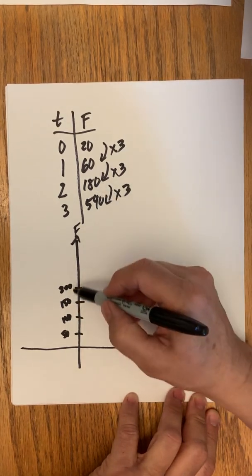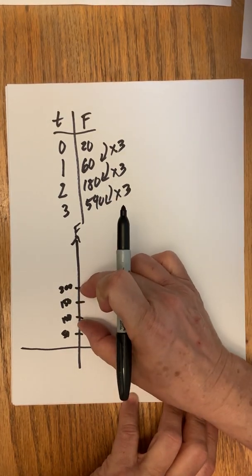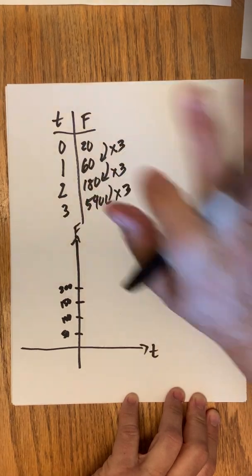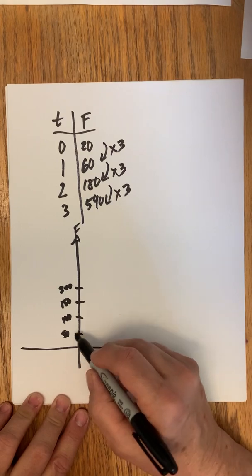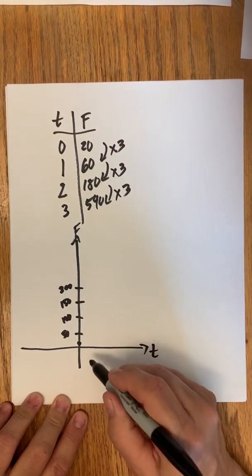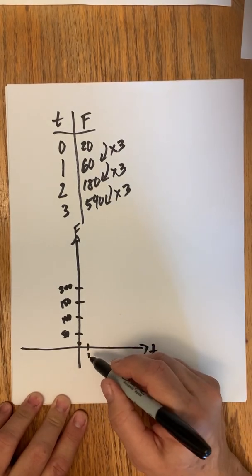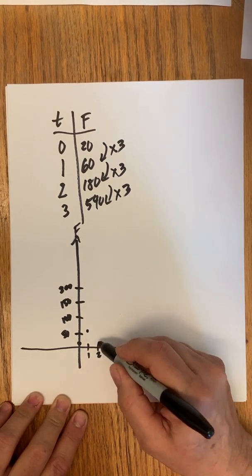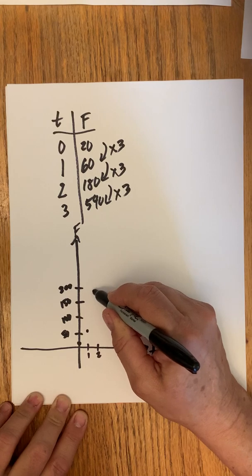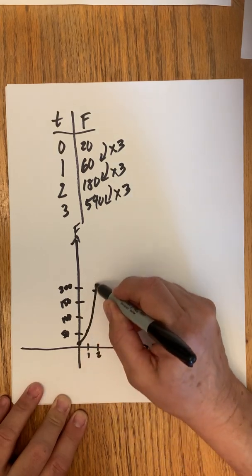From here to here is 100, so that would be 300. 500 will be way up here, so I won't plot 540. But at 0, you're up at 20, so we'll guesstimate it. At 1, you're up at 60, so just a little bit past here. At 2, you're at 180, and you can already get the feel that this thing grows very quickly.